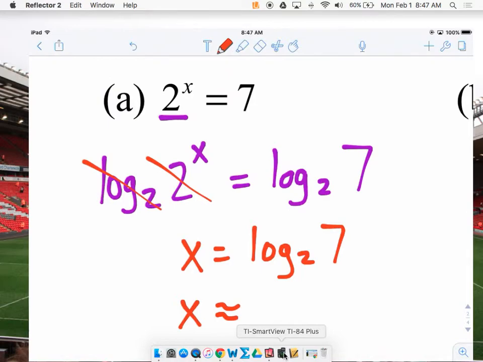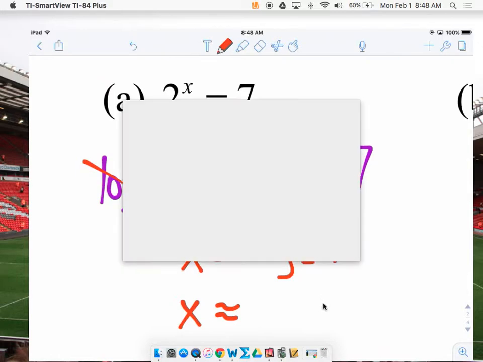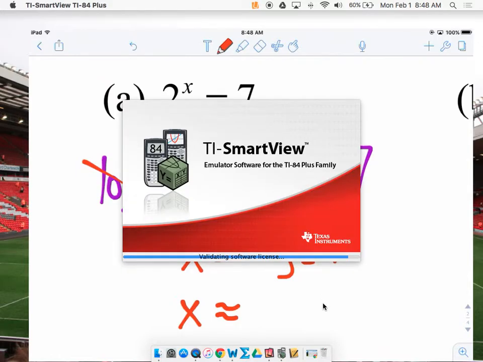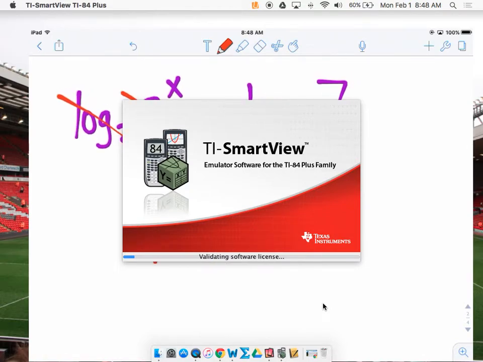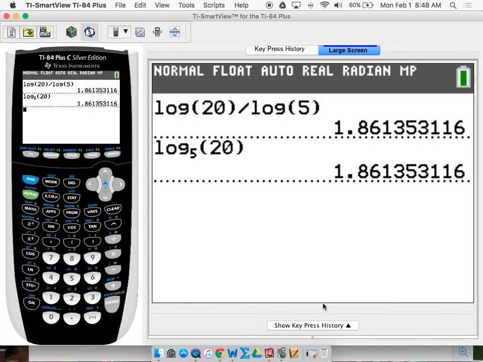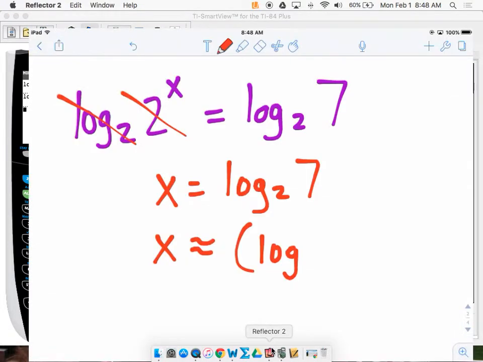Now, if you guys have the newer calculators, you can just type it in like that. If you hit the math button and then go down to the bottom where it says log base, you should be able to type it in like that. But if you have the older one, how do you have to type it into your calculator? Right, so you want to do log of 7, and you're going to divide that by log of 2.